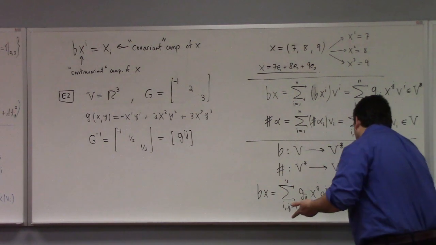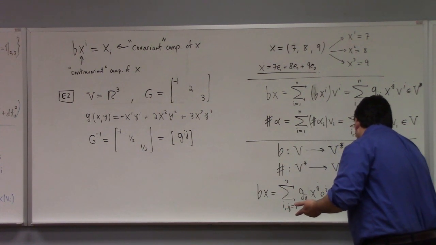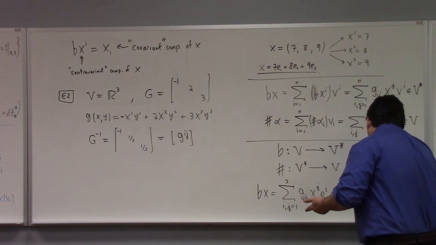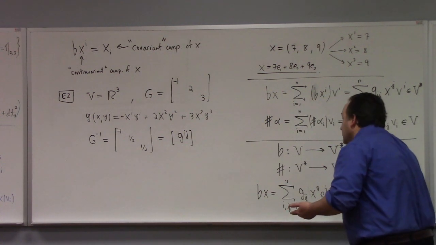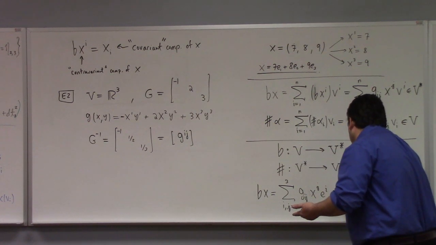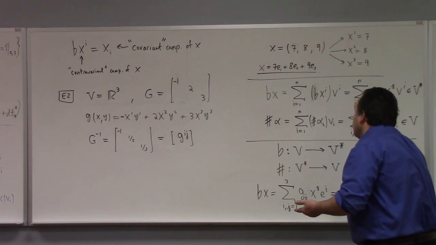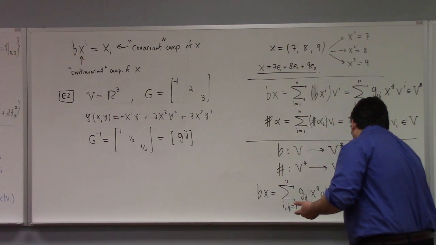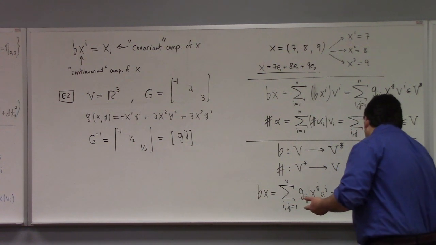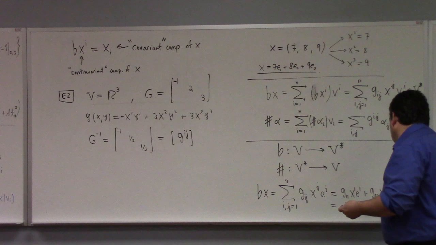So this works out to g11 x1 e1 plus g22 x2 e2 plus g33 x3 e3, which is minus 7 e1 plus 16 e2.